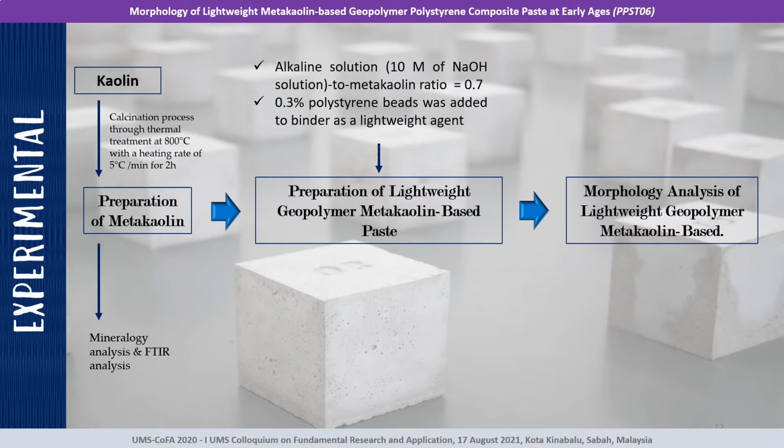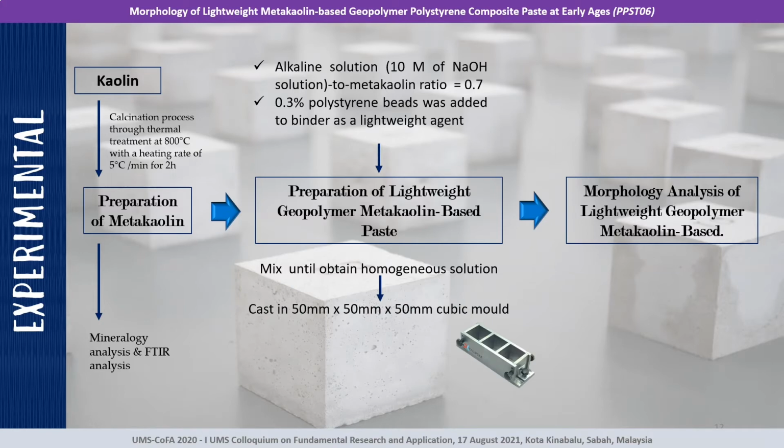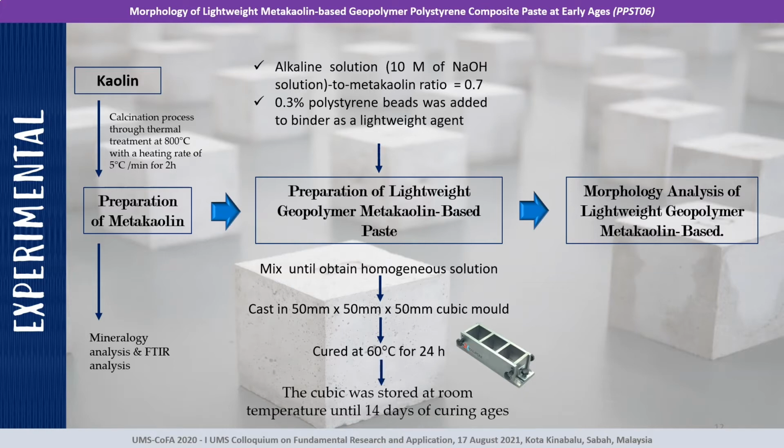For the preparation, the mixture is mixed until a homogeneous mixture is obtained. Then the mixture is cast in a cubic mold. After being cured at 60 degrees Celsius for 24 hours, the cubes were removed and stored at room temperature until 14 days of curing age.